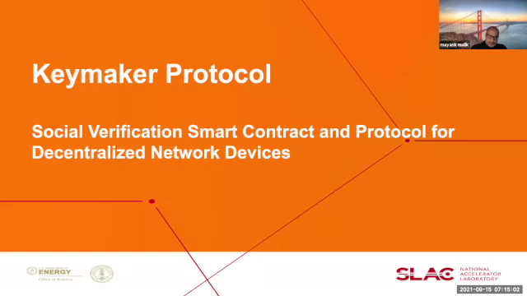And we are calling this solution Keymaker protocol, which is effectively a social verification smart contract and protocol for decentralized network devices. It's a mouthful, but effectively what that means is we run these devices that we are trying to authenticate on a blockchain network. On this network is a smart contract. That smart contract allows devices to be verified by other devices on the network.